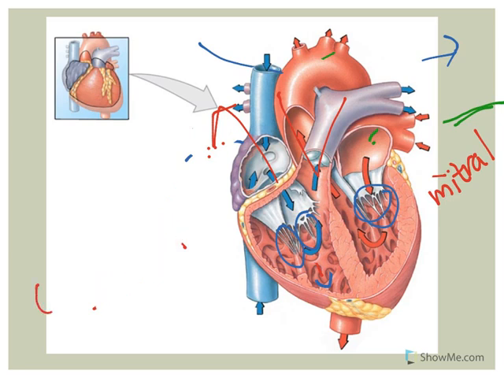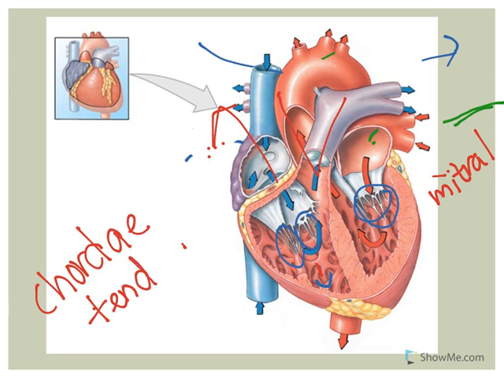So let's write that out. Chordae Tendineae. So these are attached to the AV valves. Well, what they are then, they're attached to the AV valves, but they're also attached to these muscles that you see. You see the muscle right there, and right there, and right there.